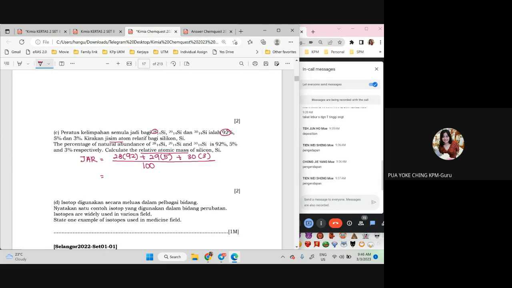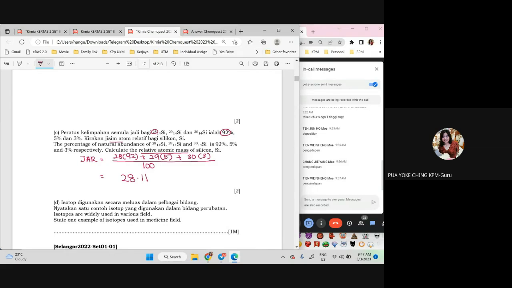So our JAR, need to get my calculator. Anyone calculate together with me? Dah ada answer? 28 multiplied with 92 plus 29 multiplied with 5 plus 30 multiplied with 3 divided by 100. So, you akan dapat 28.11.